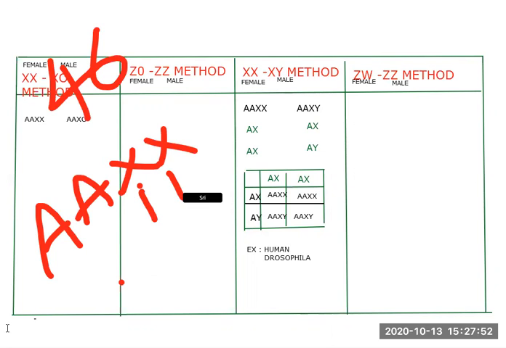So out of 46, how many are allosomes? 2. So the remaining 44 we will write here. 22, 22. This is the way to calculate. So 22 pairs, 44 autosomes, and 46.